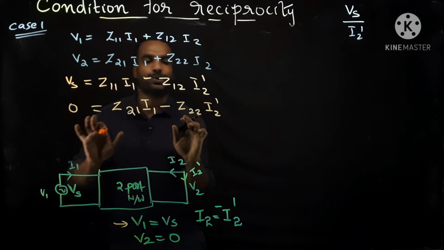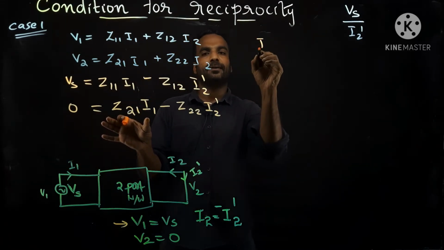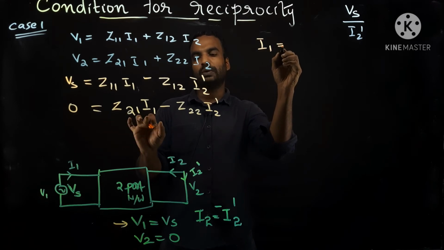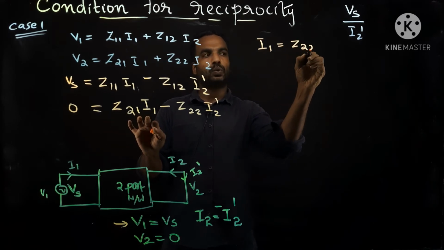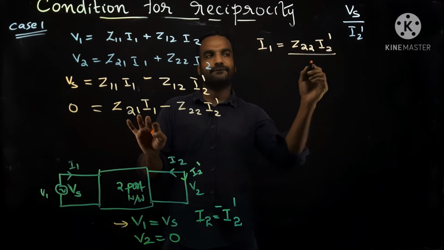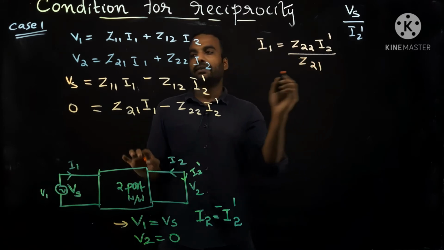Now from the second equation, please find the expression for I1. I1 is equal to Z22 I2 dash by Z21.